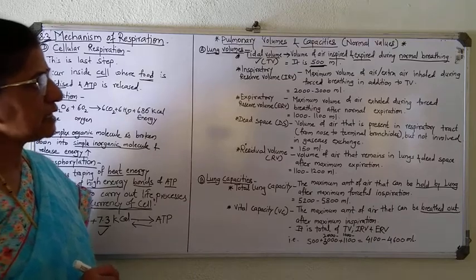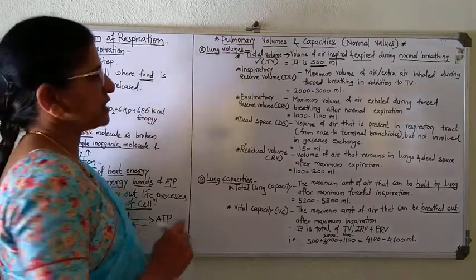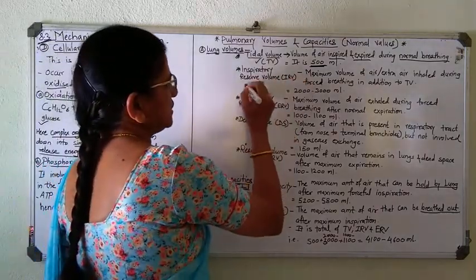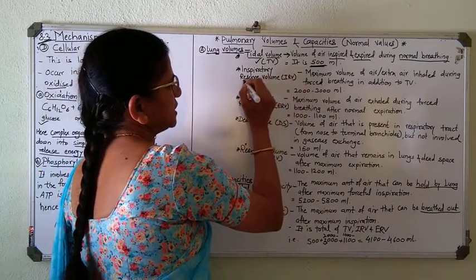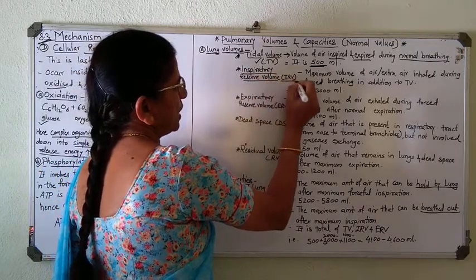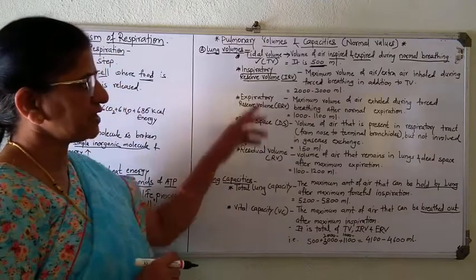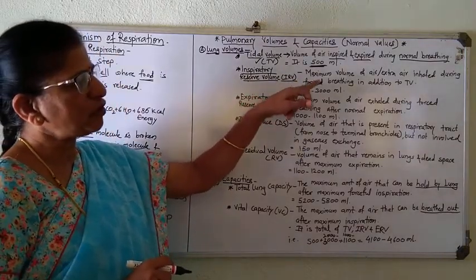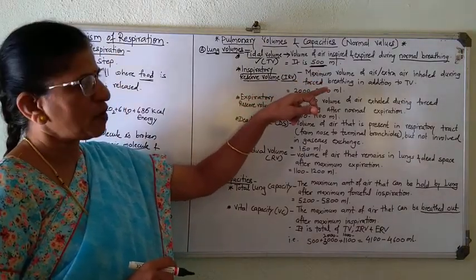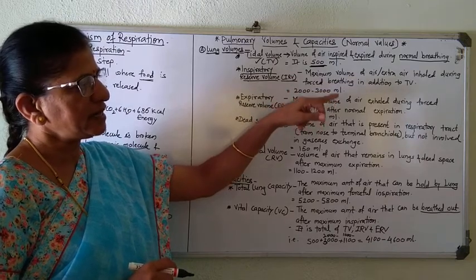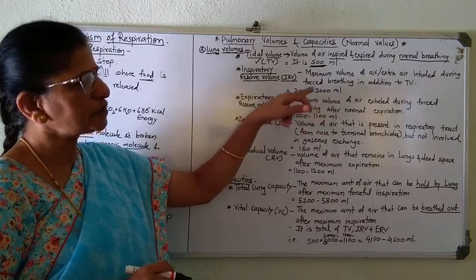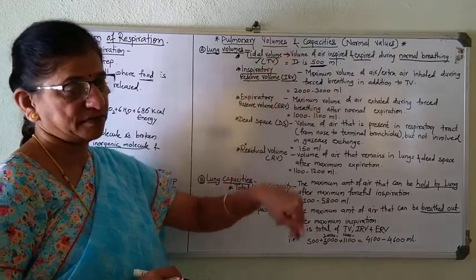Second concept or value is about IRV, which means inspiratory reserve volume. What is IRV? It is the maximum volume of air, or extra air, inhaled during forced breathing in addition to TV.